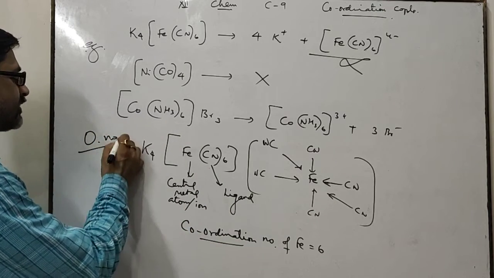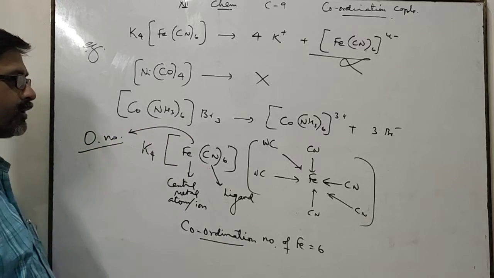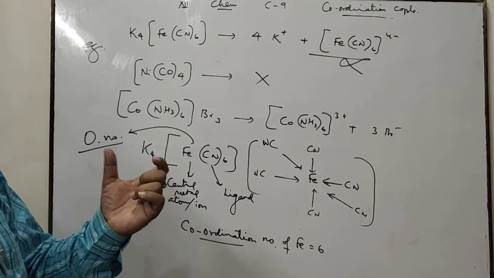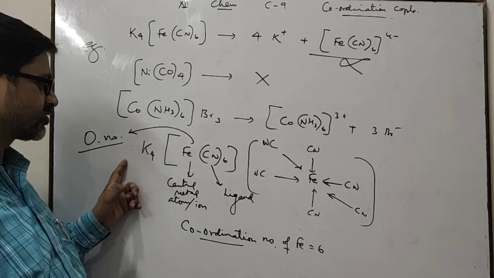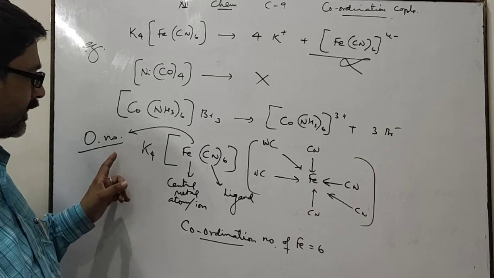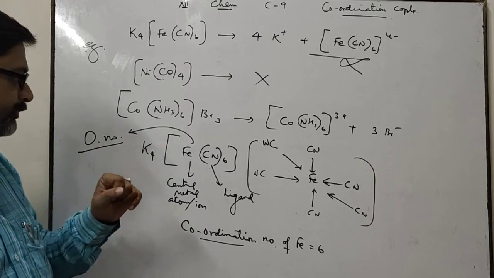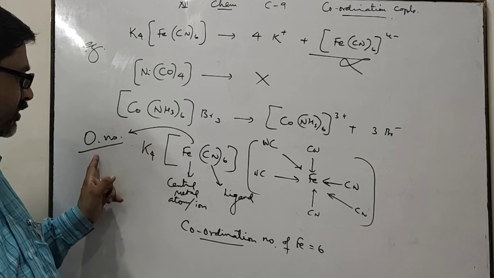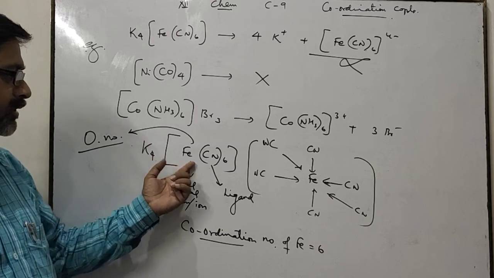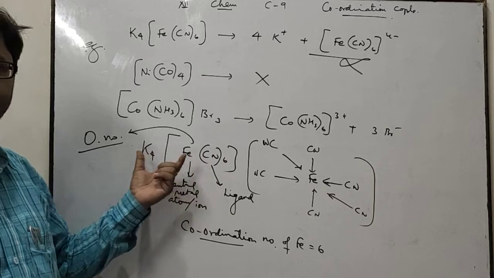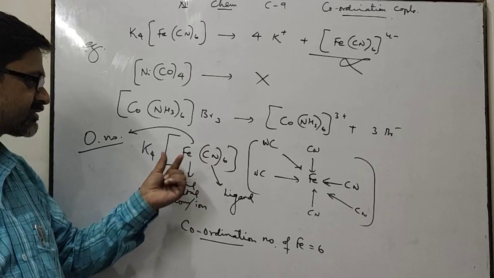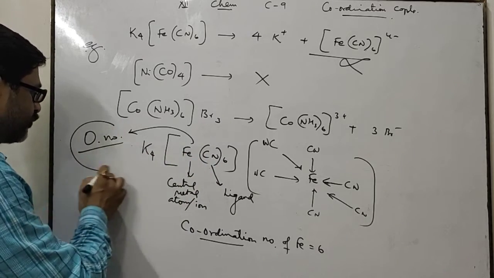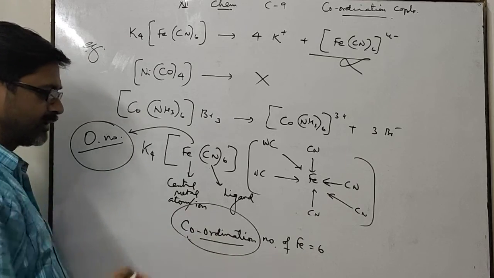You can find the oxidation number of the central metal also. You read in class 11th, redox reactions. In that chapter, I discussed with you the calculation of oxidation number. By putting the charges of these ions, we can find the oxidation number of this central metal. Don't confuse between oxidation number and coordination number.